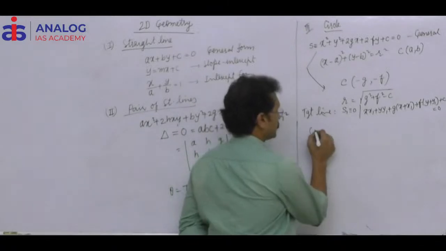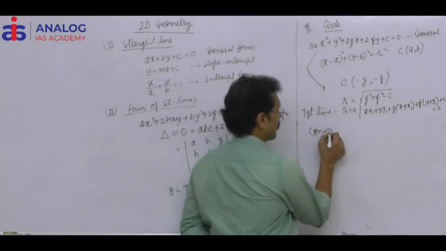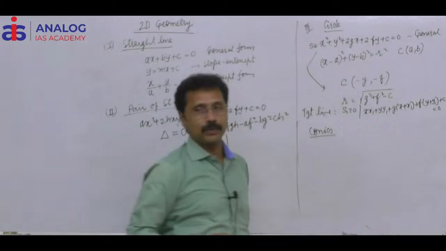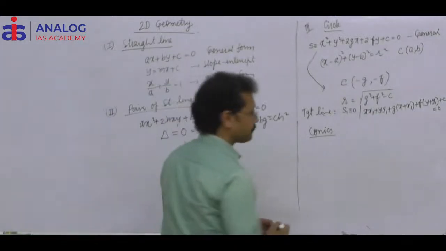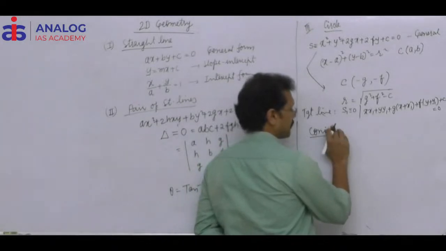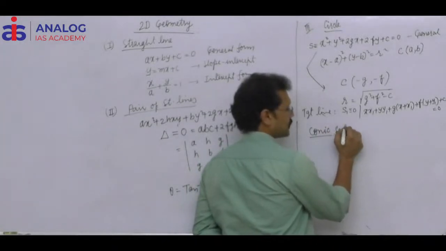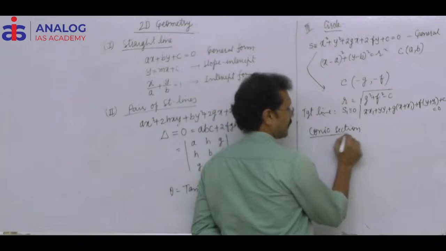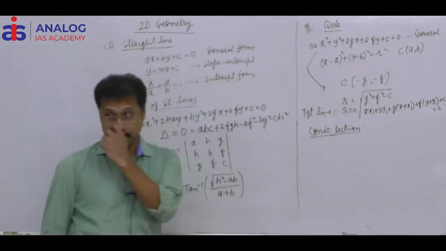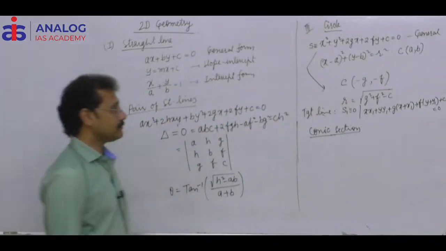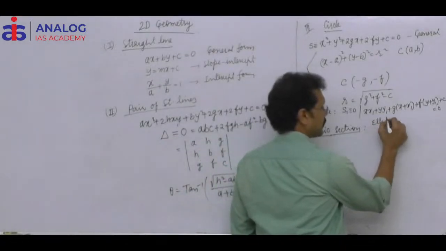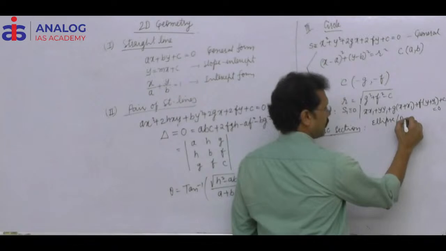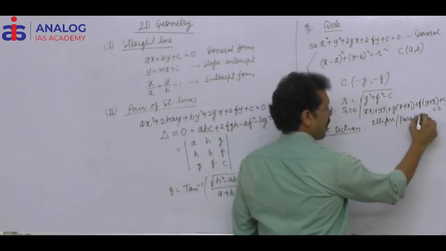Conics. What are conics? Sometimes people also call it conic section. So in the conic sections we have ellipse, parabola and hyperbola.